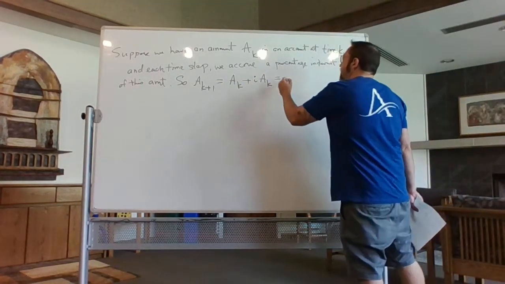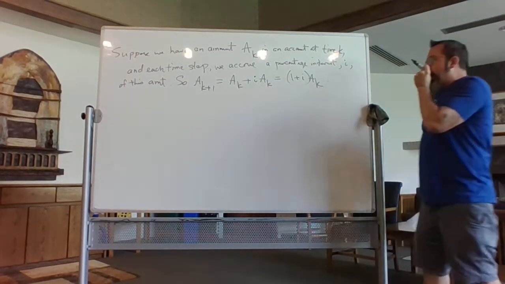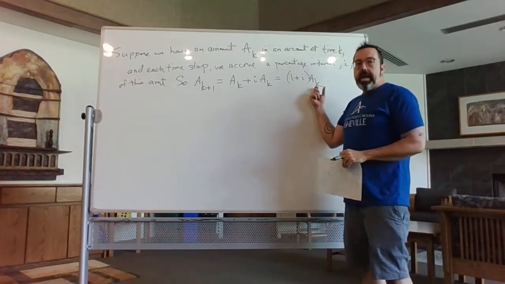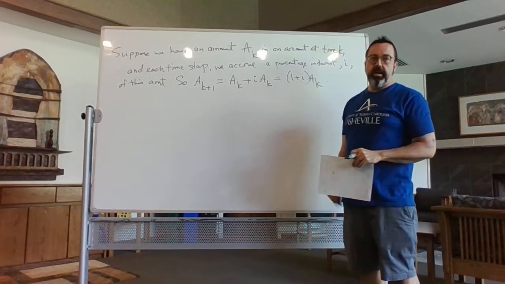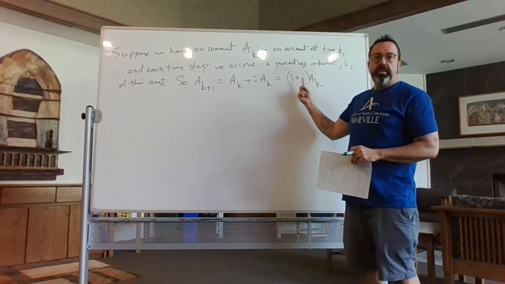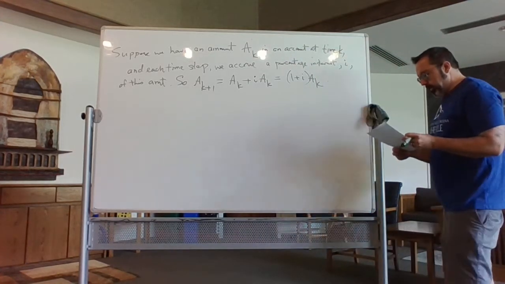And of course, since A sub k appears in both of the terms on that right-hand side, we can just factor the A sub k out times this 1 plus I. So this 1 plus I is the principal term plus the interest term. And that gives us a formula for compound interest.